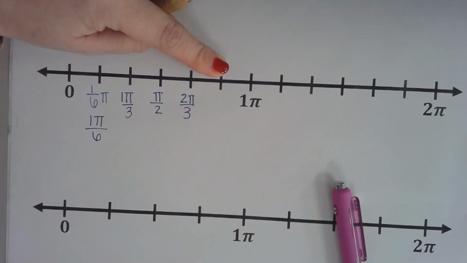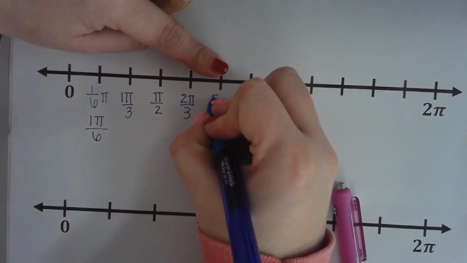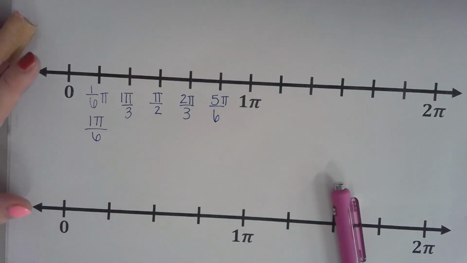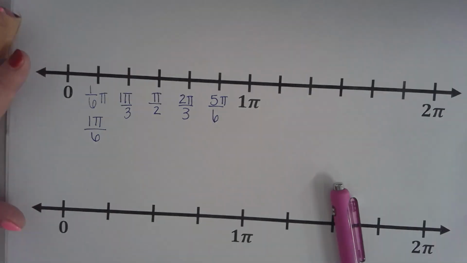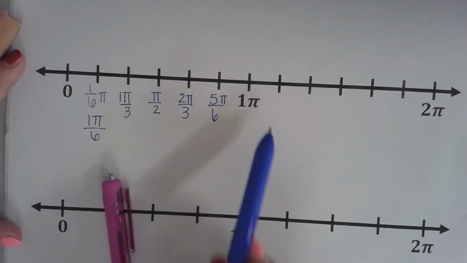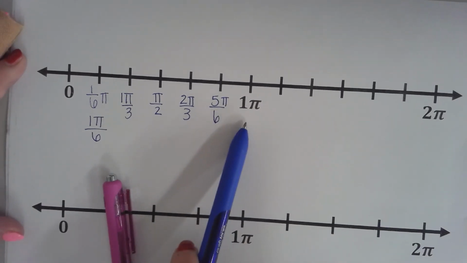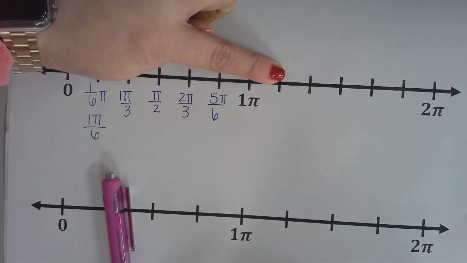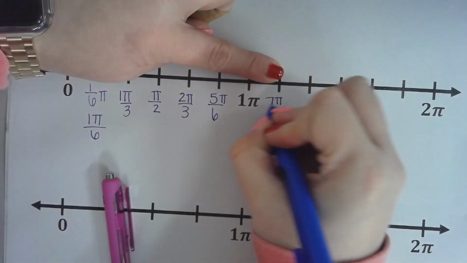And then what? 5 pi over 6. Are these looking familiar, Alexis? Kinda. A little bit. Yep. All right, and then we have 6 pi over 6, which is 1 pi. And then we would have what? 7 pi over 6.